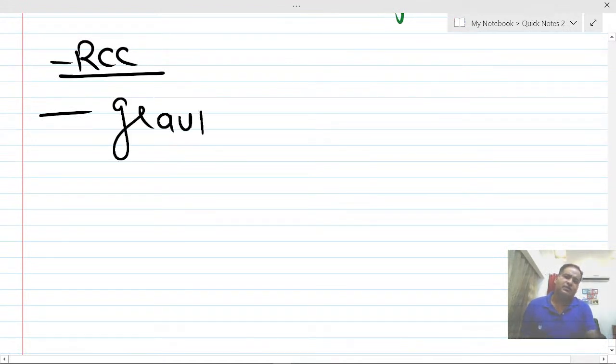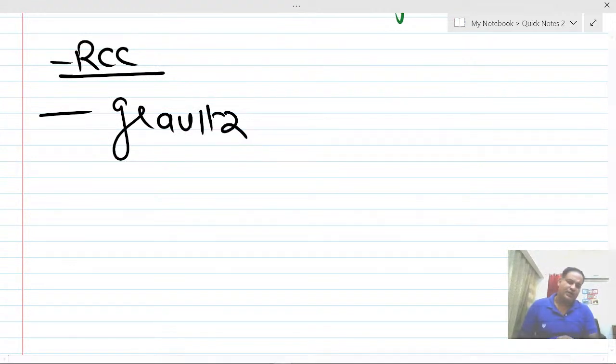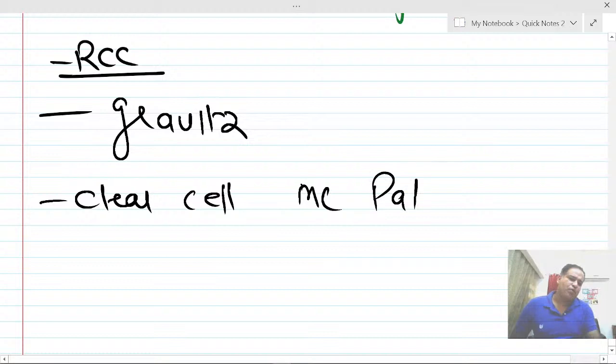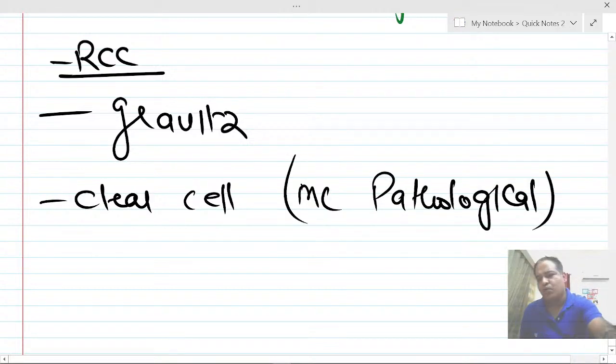Renal cell carcinoma has many different names. For example, they call it Grawitz's tumor, named after the pioneering scientist who did research on renal cell carcinoma. It is called clear cell tumor because that is the most common pathological variant.